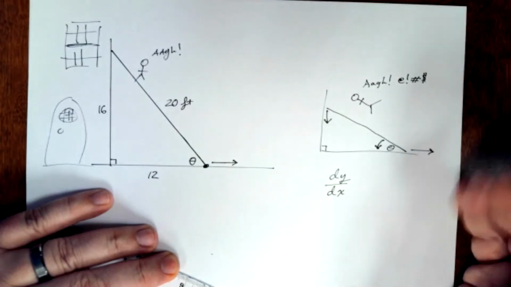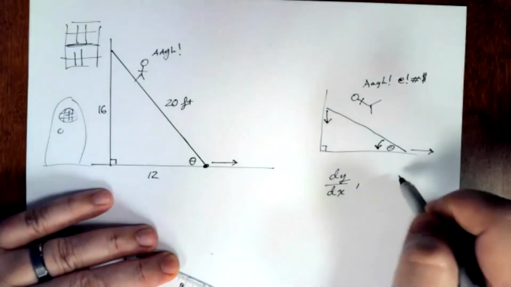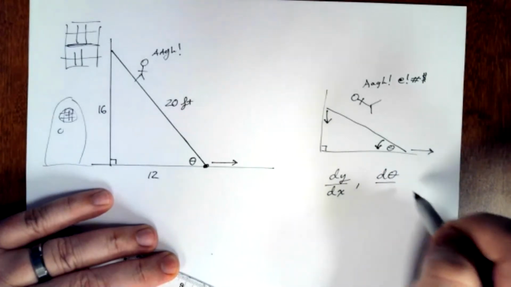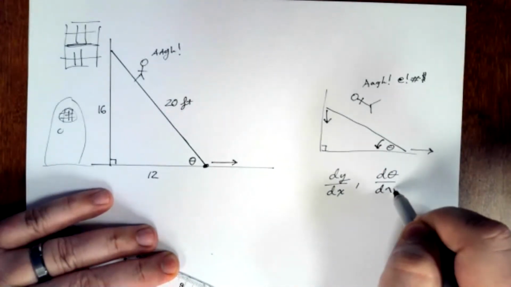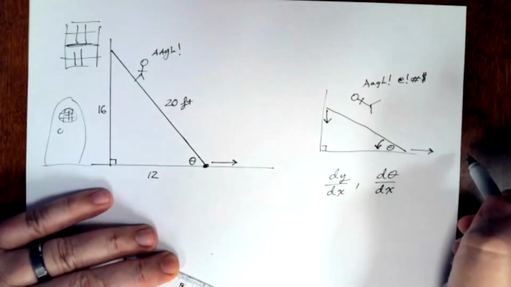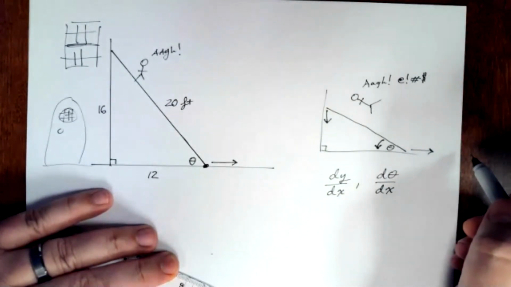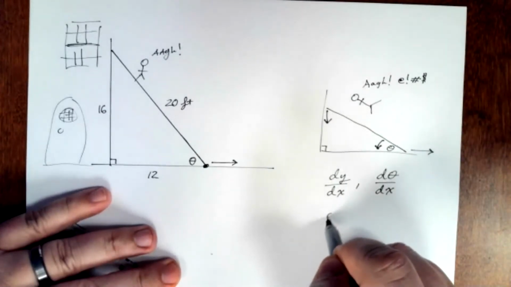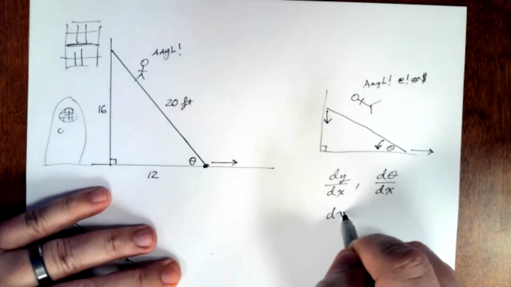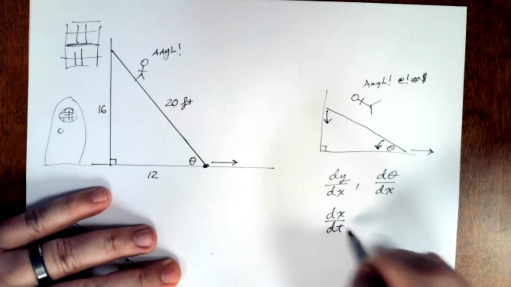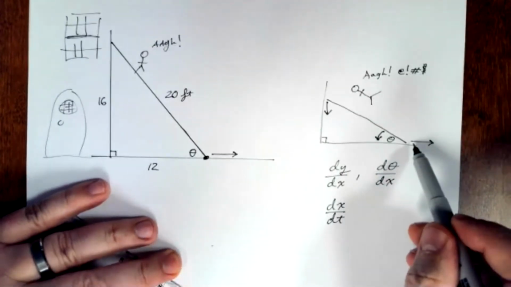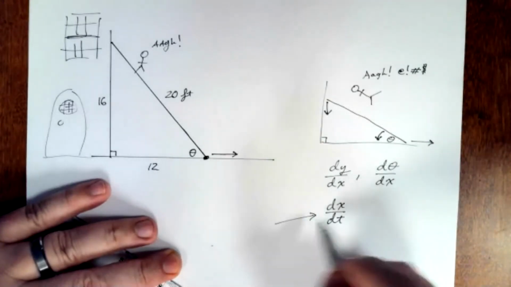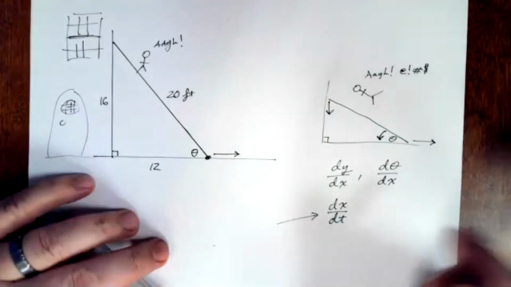And I can also say, how much does the angle change for every step of the x changing? I could also say, how fast is the ladder sliding? Because let's think about this. This is important. This is a real big deal.